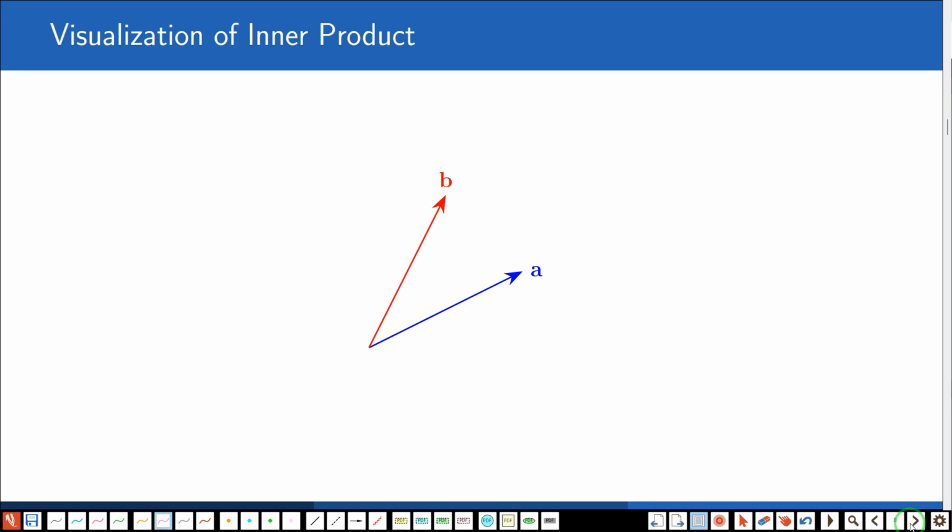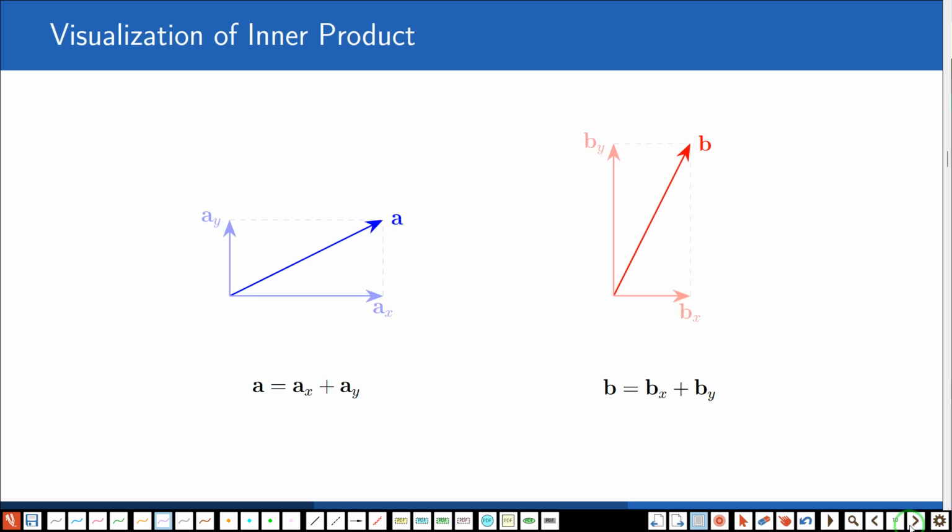We have another way to compute the inner product. Assume the same vectors a and b. Let's decompose these vectors into x and y components, horizontal and vertical components. ax and ay are both vectors, and a is the sum of these two vectors, and it's the same for b.